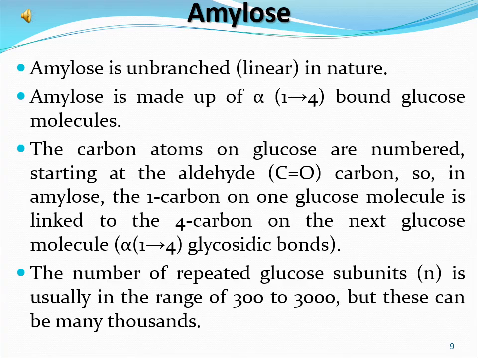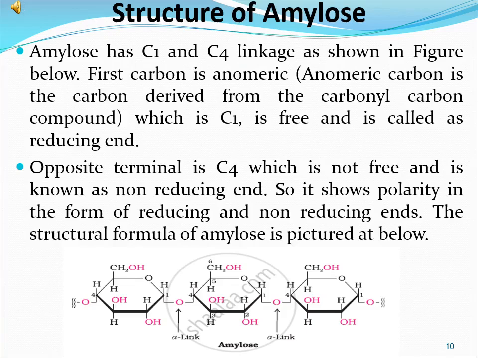The number of repeated glucose subunits N is usually in the range of 300 to 3000, but these can be many thousands. The structure of amylose is shown below in the slide. Amylose is C1 and C4 linkage as shown in the figure below.